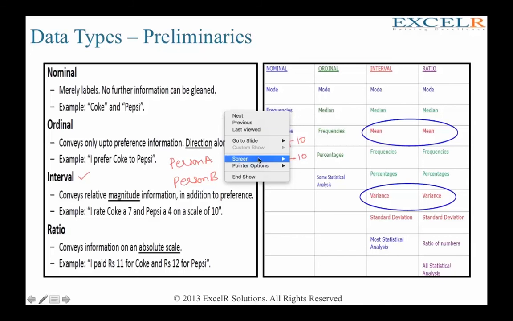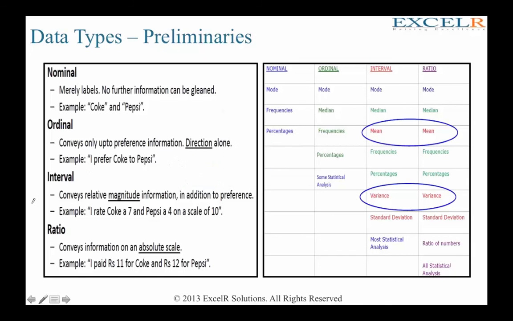This problem is solved when it comes to ratio data, which has an absolute scale. For example, if there are two people, person A and person B, and this person pays 9 rupees or say $1 to purchase Coke, and person B also spends $1 to purchase Coke, now I can say that both of them have spent an equal amount.